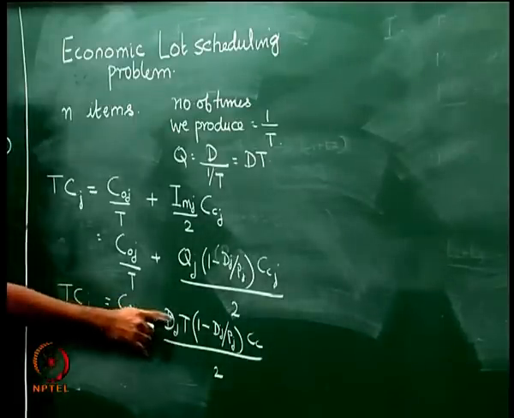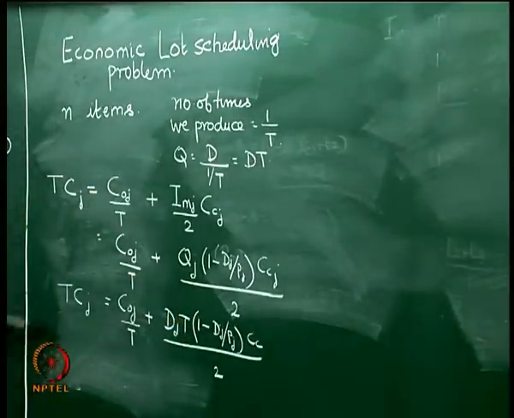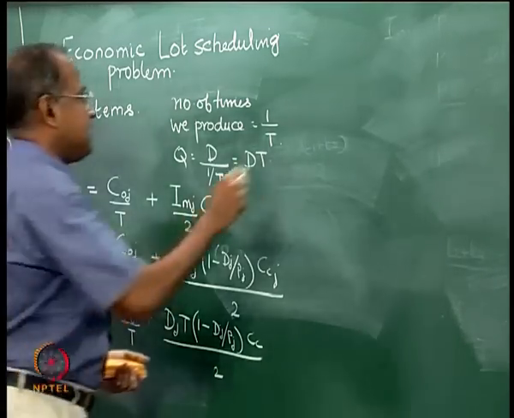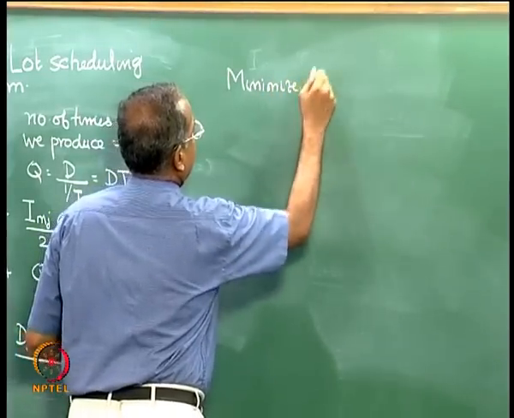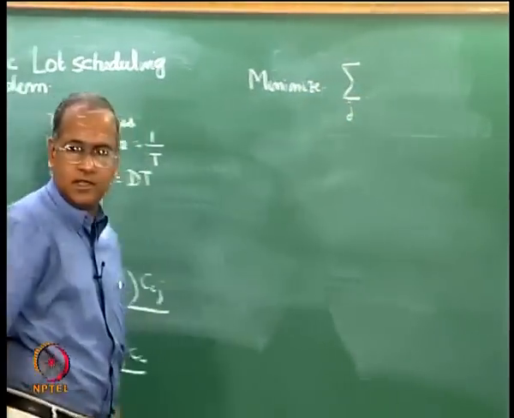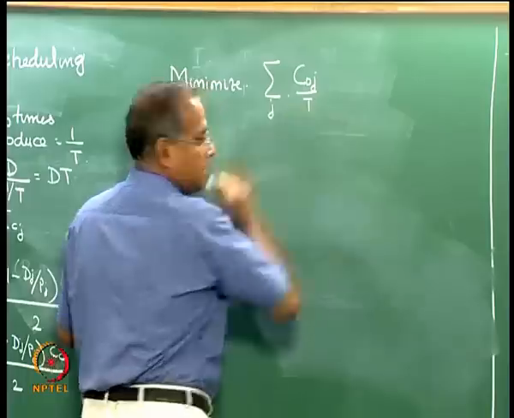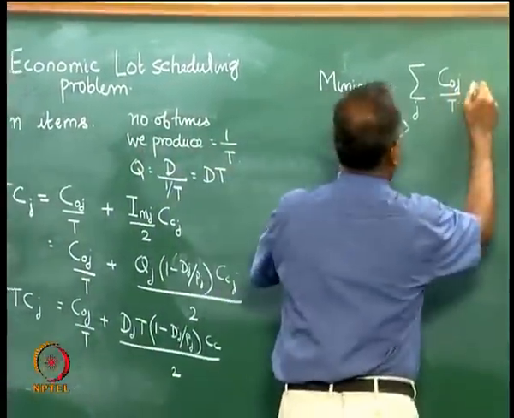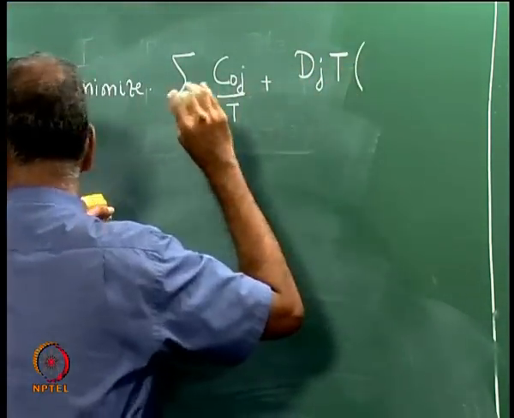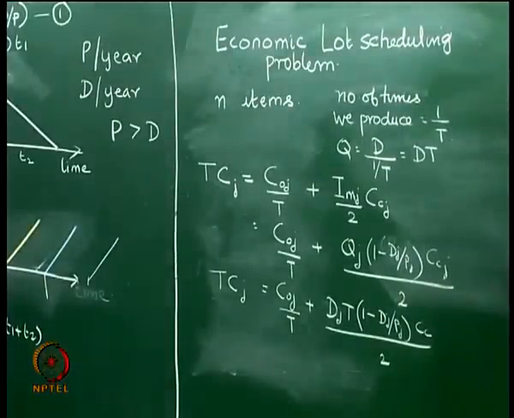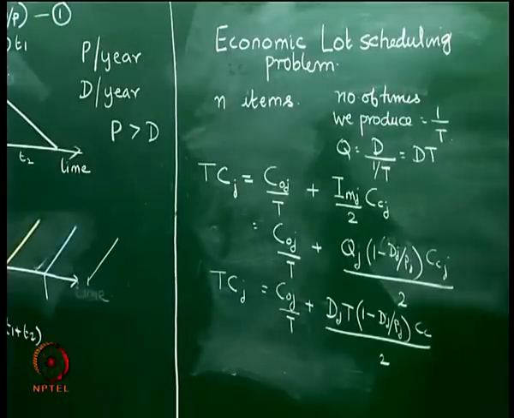Now, we want to find out T such that we minimize the sum of the costs for all the items. This is for the jth item. So, we want to minimize, summed over j for all the items, C naught j by T plus Dj T into 1 minus Dj by Pj CC divided by 2.